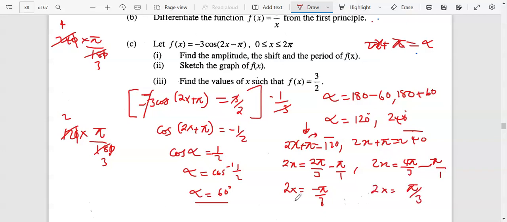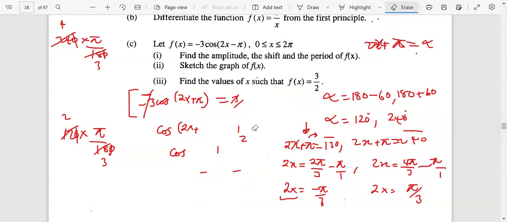Now because these are double angles, we can say this is a 2x. To each angle that you have found, add 360 because we are taking 2 revolutions. So to negative pi over 3, add 360. 360 is 2 pi in radians.